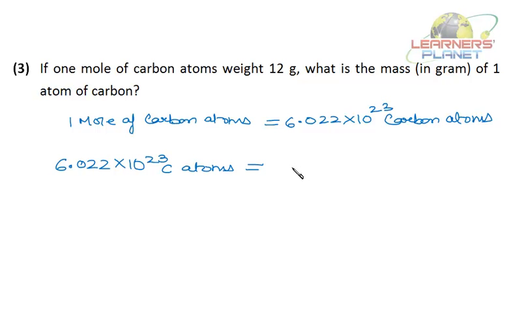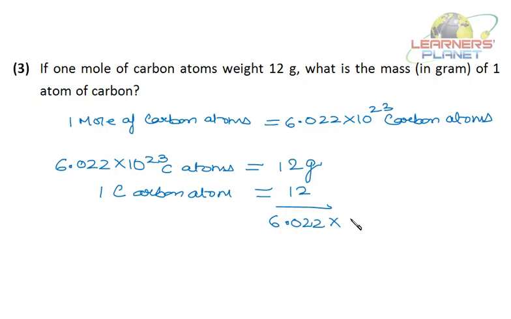The gram atomic weight, that is equal to 12. So what will be the weight of 1 carbon atom? It will be equal to 12 divided by 6.022 into 10 to the power 23, right? Can you divide this? Just divide it and you'll get your answer. It comes out to be approximately 1.99 into 10 to the power minus 23 grams, right?